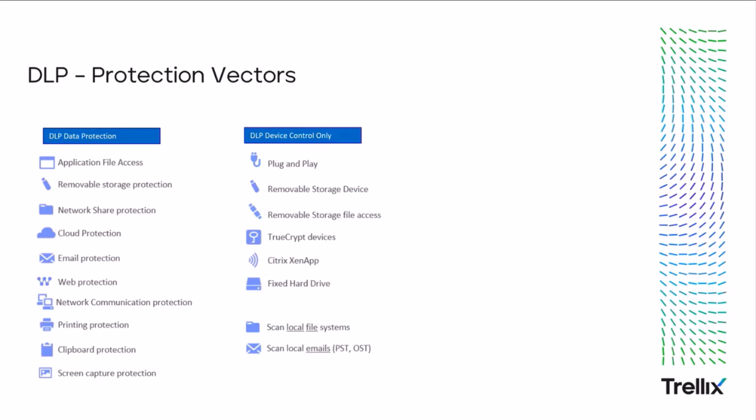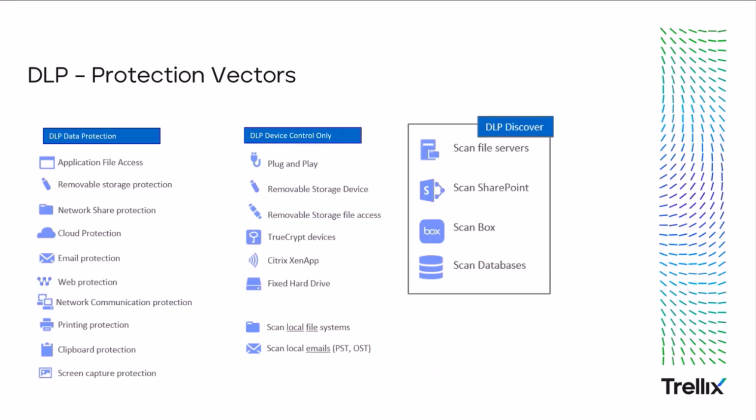Likewise, if you need to block an email upload, then you need to create an email rule which will block the email transfer. Likewise, we have different rules under device control, such as local file scan. And under DLP Discover, we have the list of rules as well.